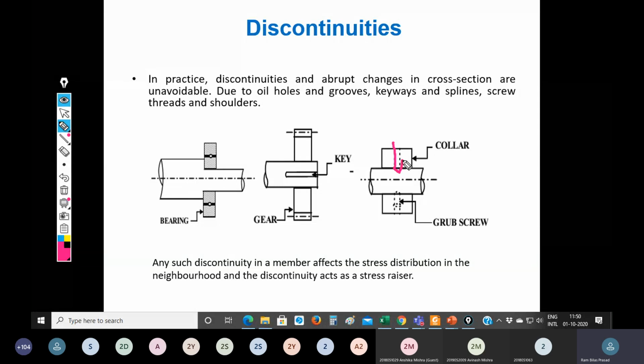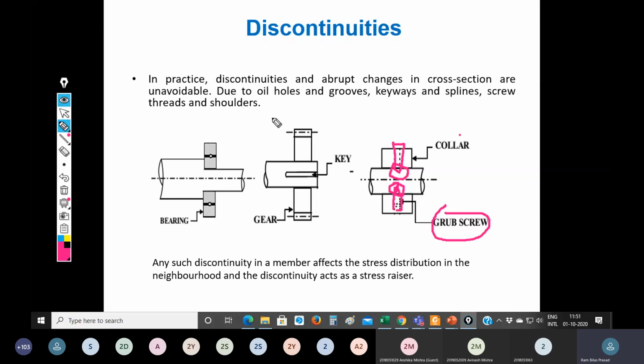If you connect with the help of a screw, then again it is inserting in the shaft, and therefore it is creating a discontinuity in the shaft, and this discontinuity will create localized stress, and these localized stresses are far greater than the calculated stress, right?